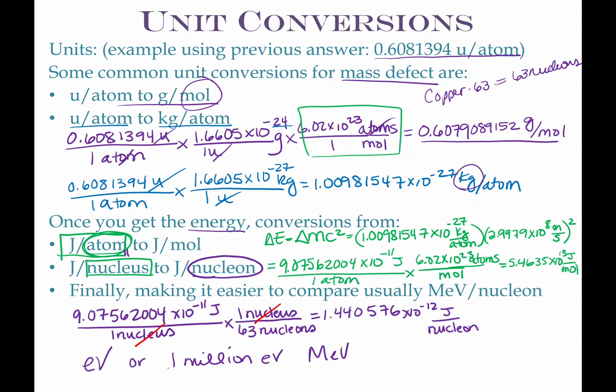So 1 MeV is equal to 1.60 times 10 to the negative 13th joules. So we can take this joule value and get to how many million electron volts we're going to get per nucleon. So we can calculate how much energy we're going to get from this.